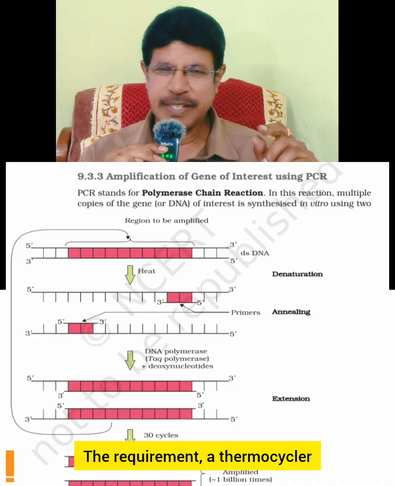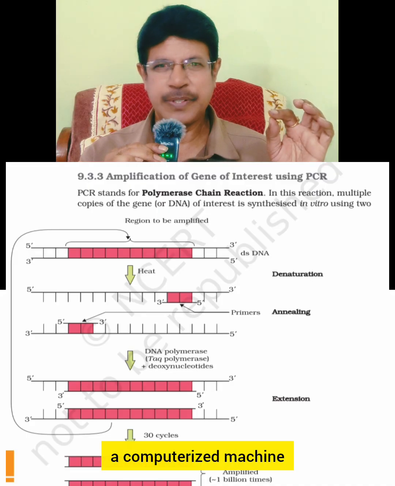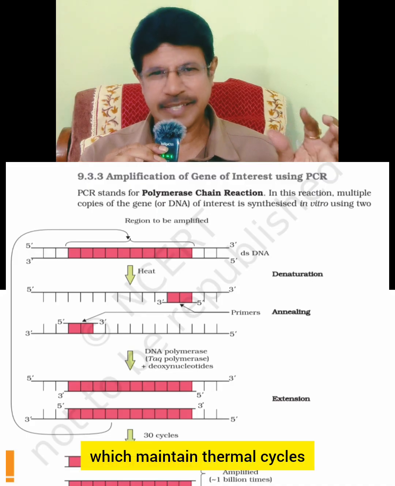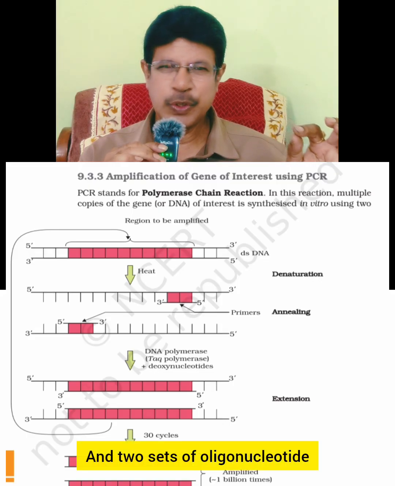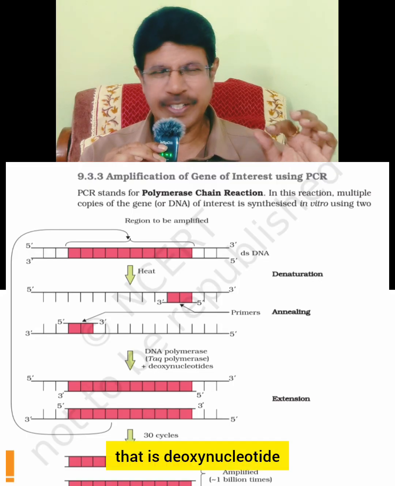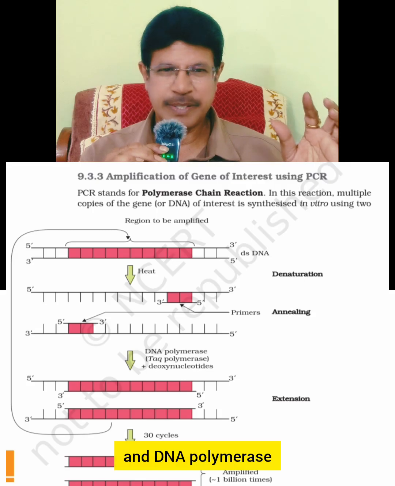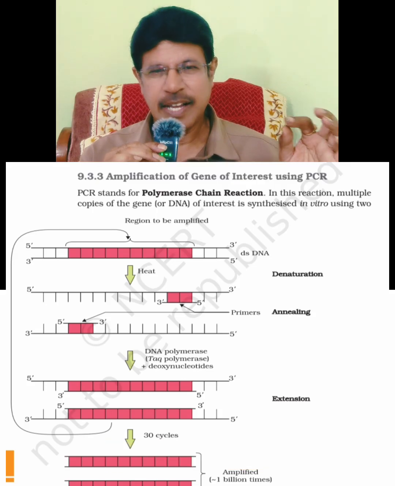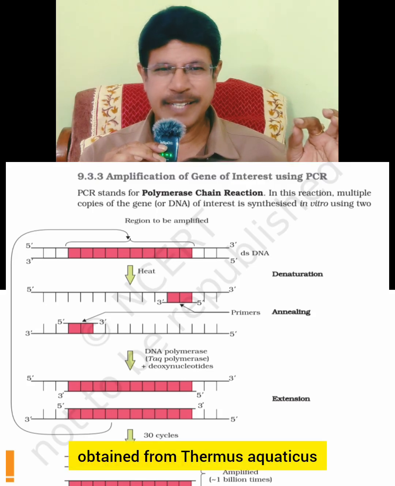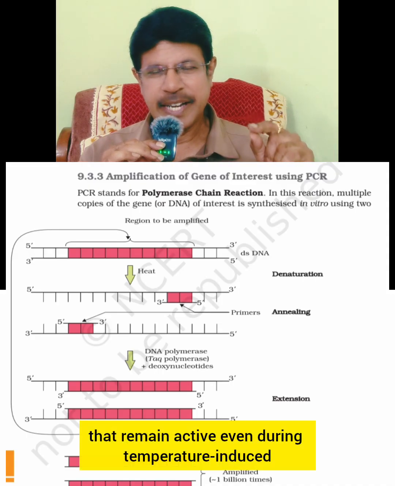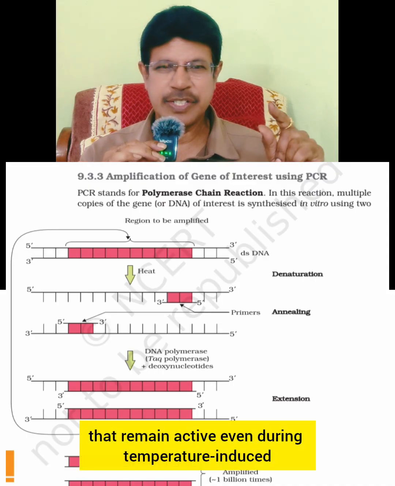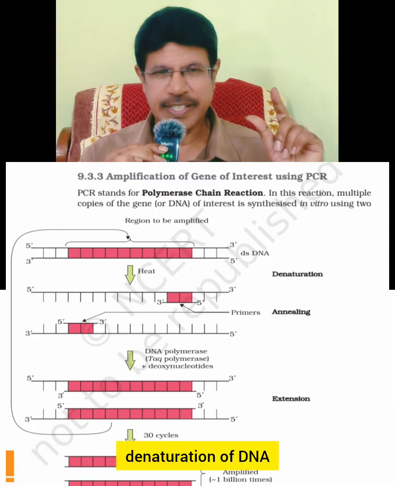The requirements: a thermocycler, a computerized machine which maintains thermal cycles, and two sets of oligonucleotide primers, deoxynucleotides, and DNA polymerase, that is Taq polymerase, obtained from Thermus aquaticus, a thermostable enzyme that remains active even during temperature induced denaturation of DNA.